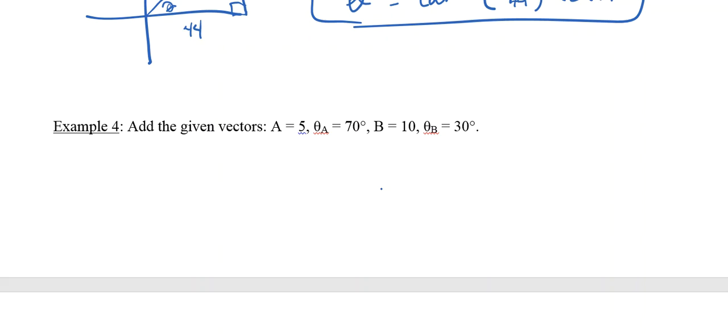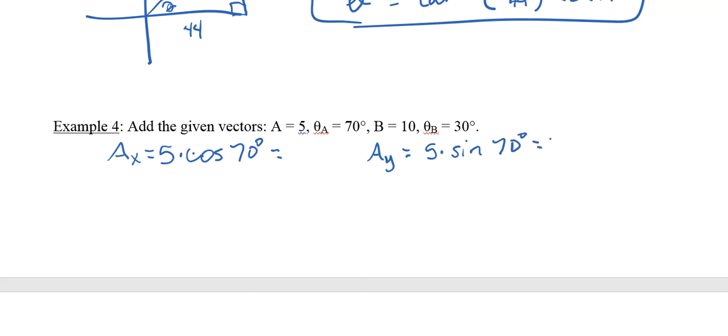So this one's done the same. To find A of x, we're going to go 5 times cosine of 70. And to find A of y, we're going to go 5 times sine of 70.